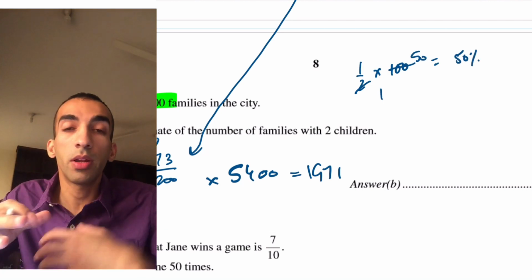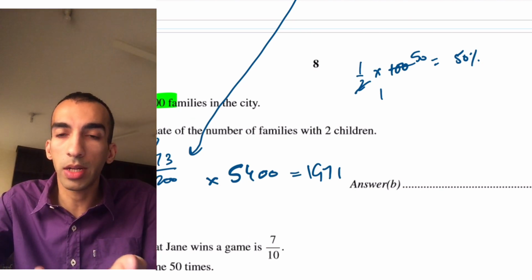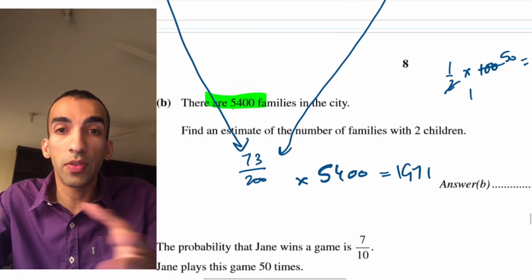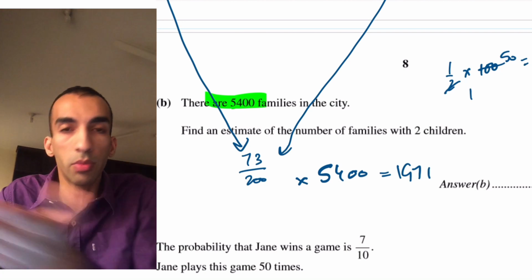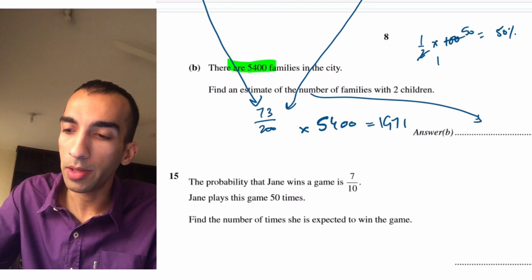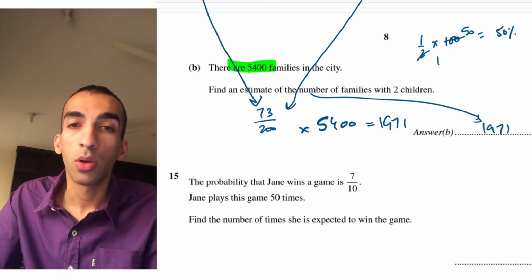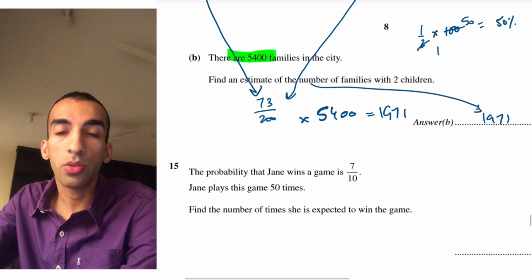Percent means out of 100, so that's why I multiplied with 100. When it says out of 5,400 families, I simply multiplied with 5,400. And 1971 is the number of families which are roughly going to have the same number of children that we're looking for, which is 2.